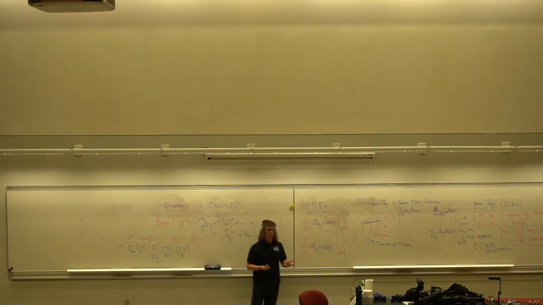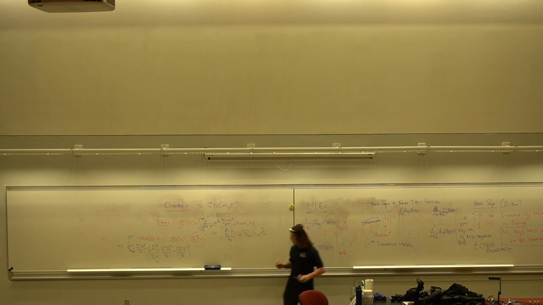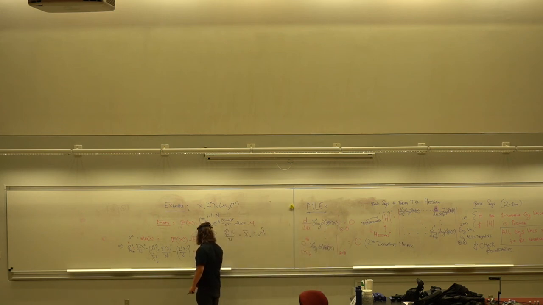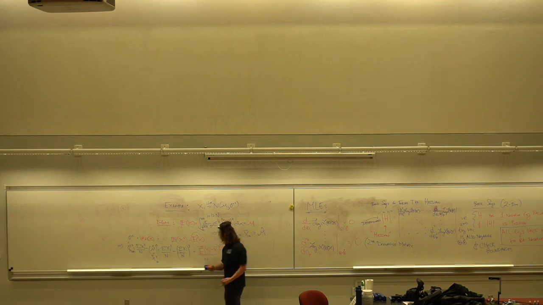And I could write this down a little bit differently. So I could write this down as sum of the xi's minus x bar squared, and this is divided by n. I'll let you work through the algebra, but that's what that expression is.